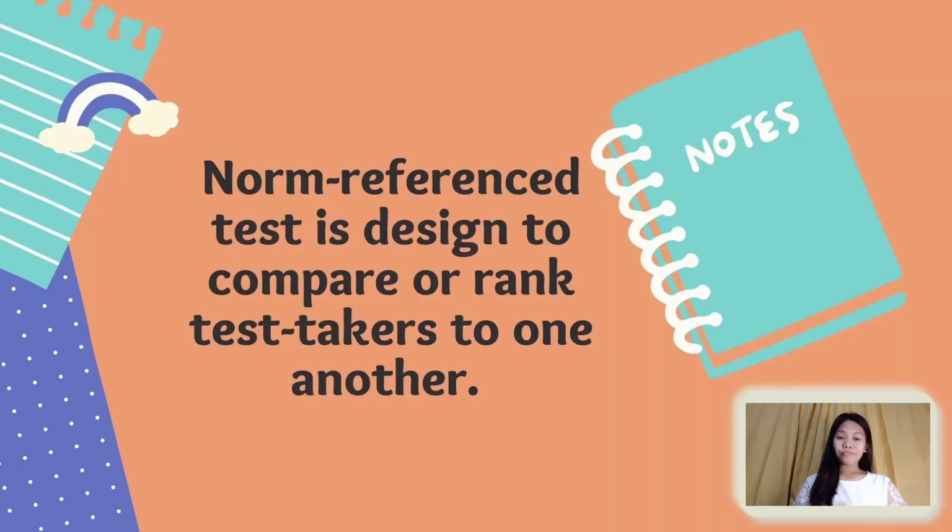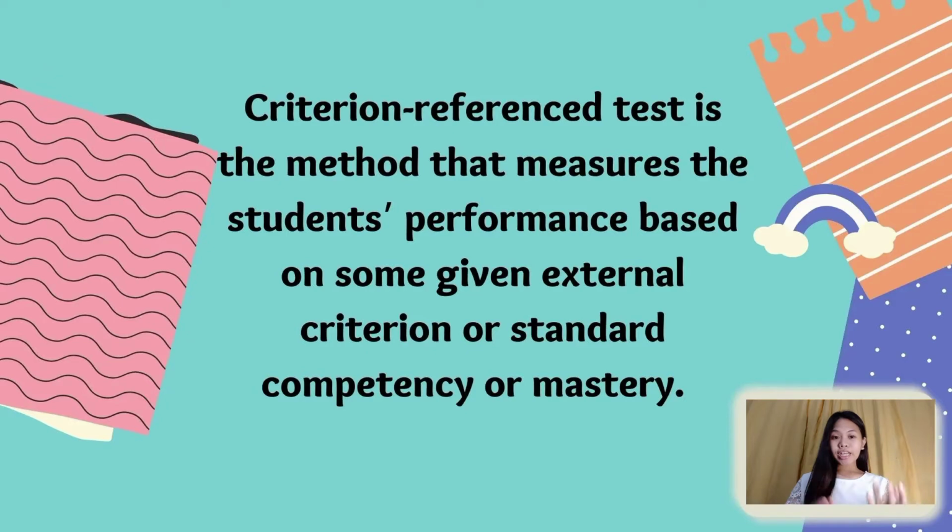Meaning, norm reference test is designed to compare or rank test takers to one another. The scores are equated against the performance results of a statistically selected group of test takers, typically of the same age or grade level.